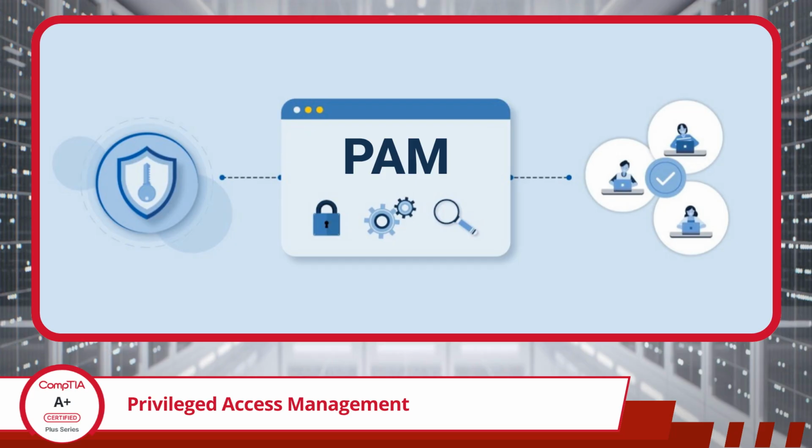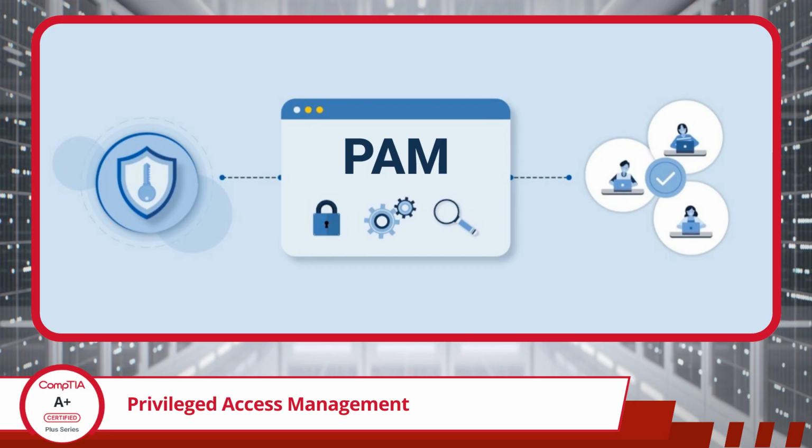Building on this idea, it is not just about protecting privileged accounts, but also about controlling how and when their access is active. This is where the connection to just-in-time access comes into play. While just-in-time access focuses on limiting when elevated access is available, privileged access management ensures that access is properly controlled, approved, and monitored while it is in use.